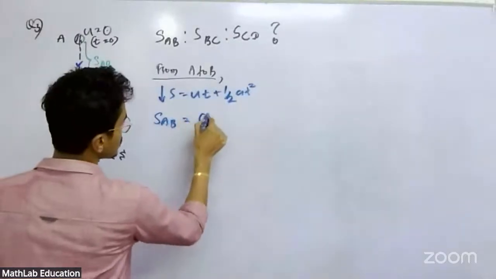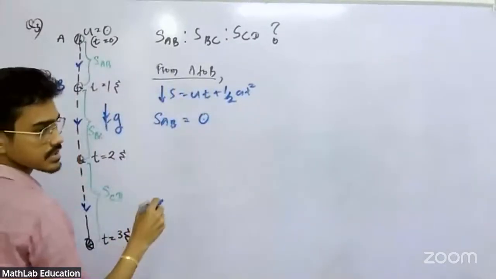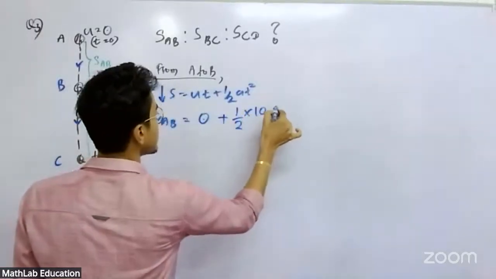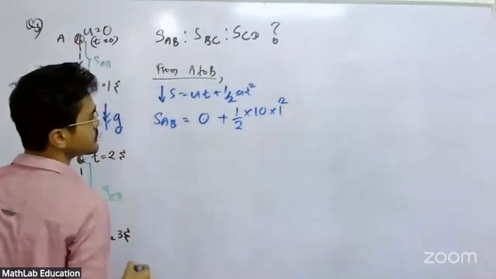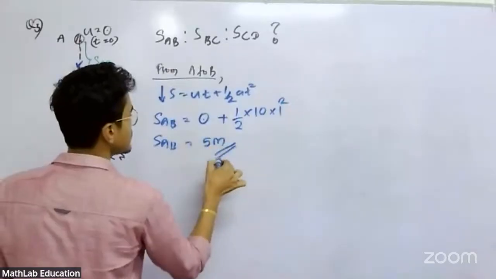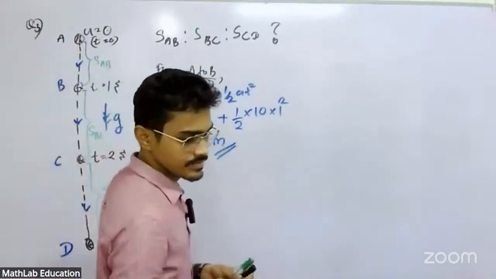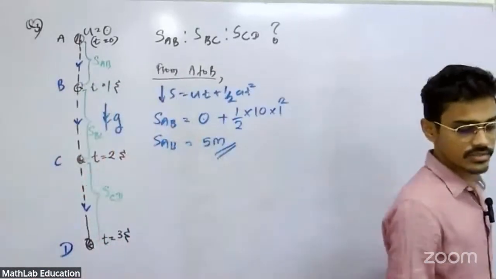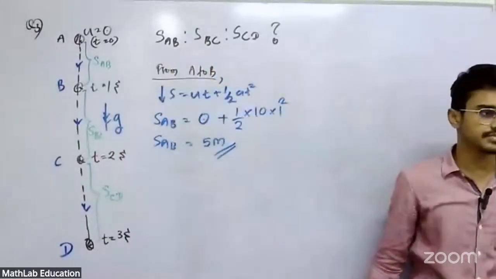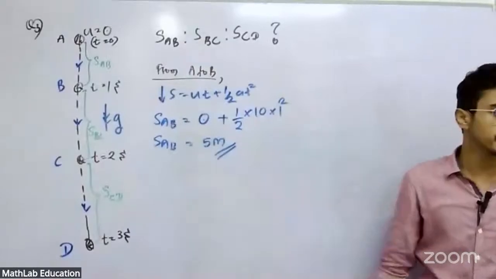And U is 0 now because my section is from A to B. Plus half g t squared, with t as 1, squared. Simplify this. SAB is 5 meters. So I have obtained one term here that is relevant to my final answer. SAB is 5 meters.